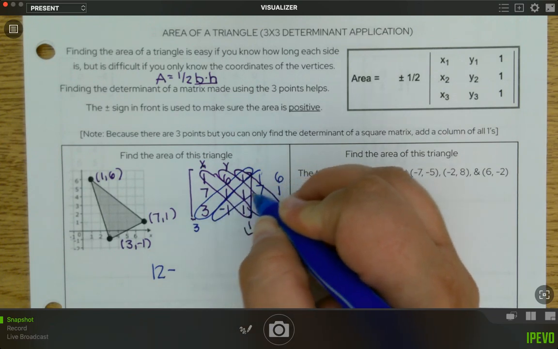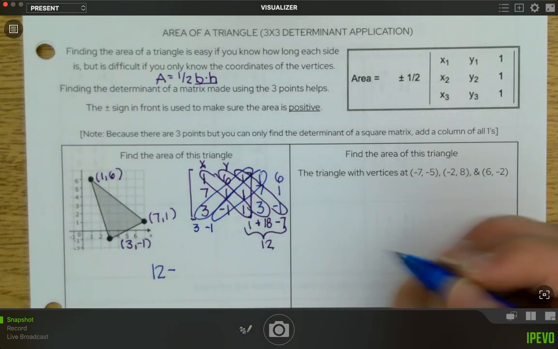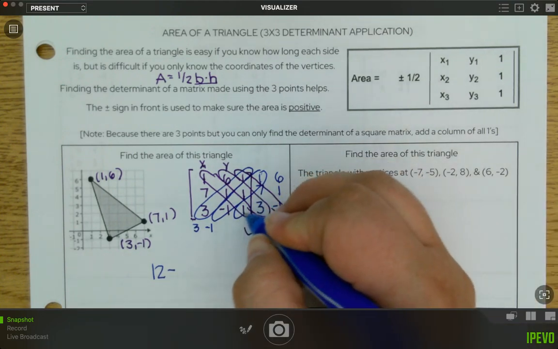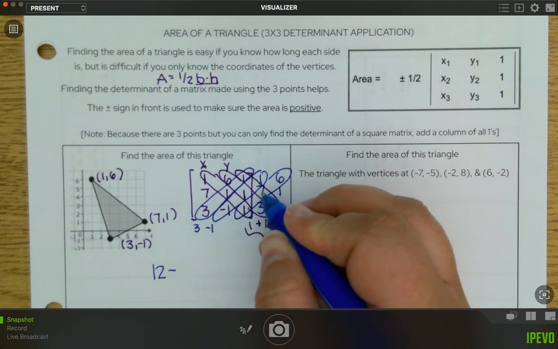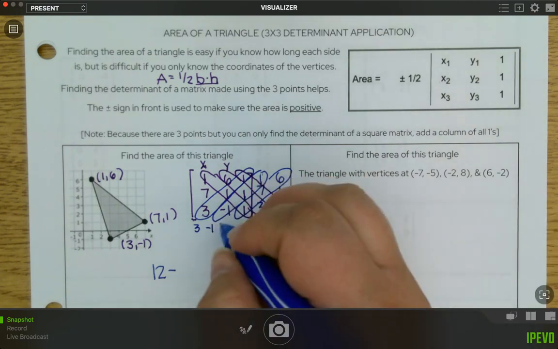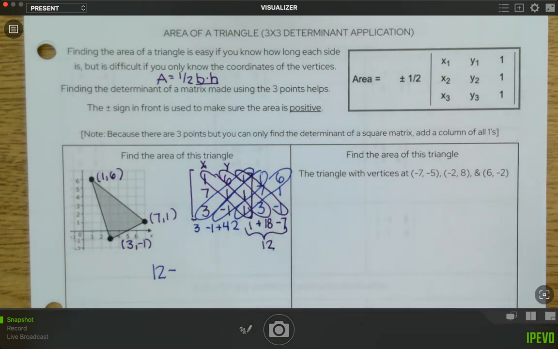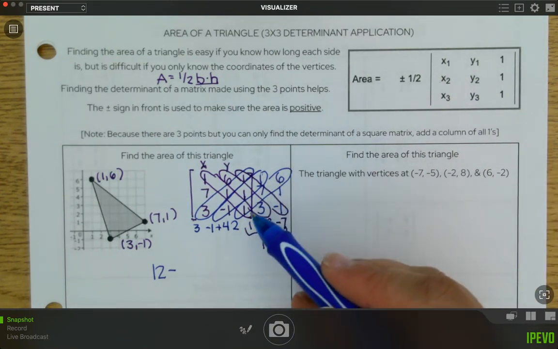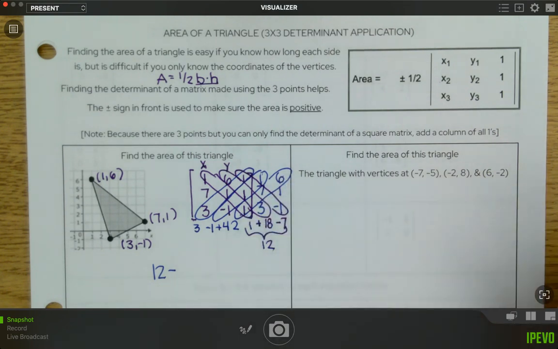Careful with these negatives. 1 times 1 times negative 1 is negative 1. And 1 times 7 times 6. 1 times 7 is 7. 7 times 6 is 42. Realize that it does not matter what order you multiply in. 1 times 7 times 6 and 6 times 7 times 1 are all the same thing.